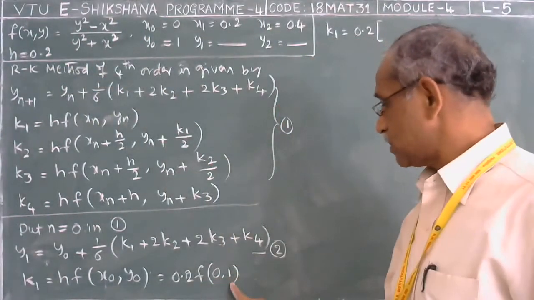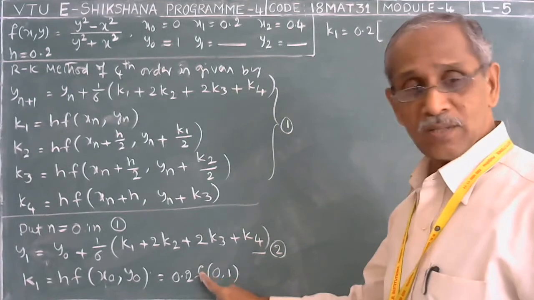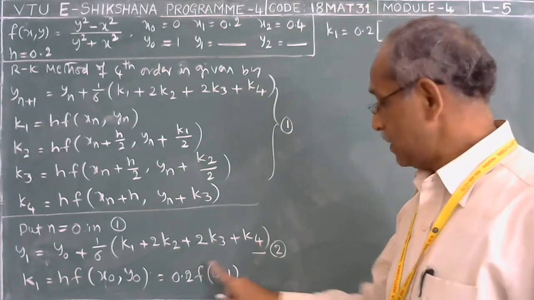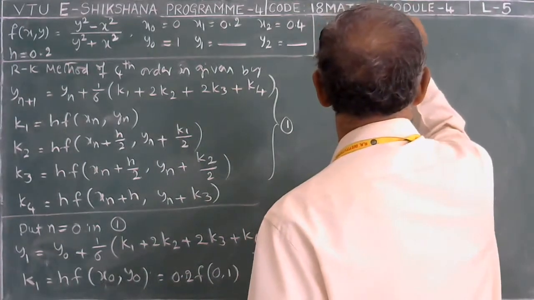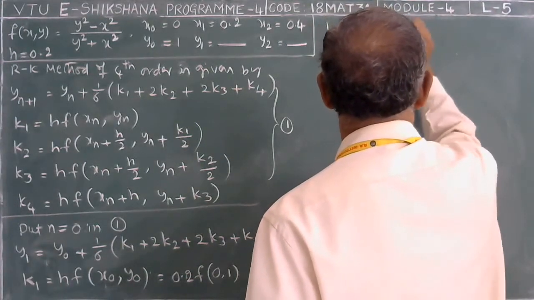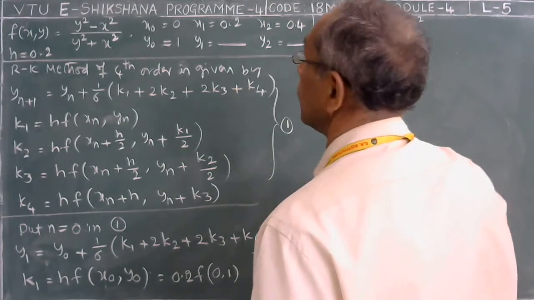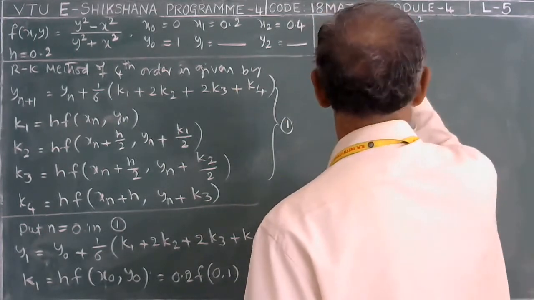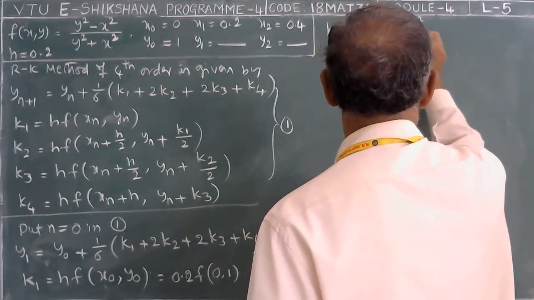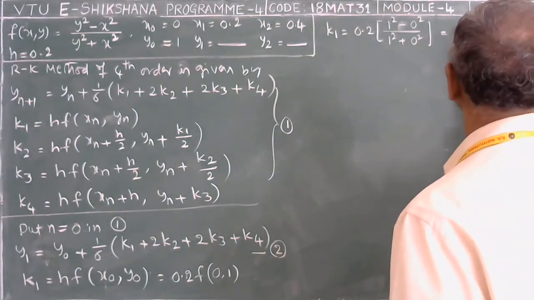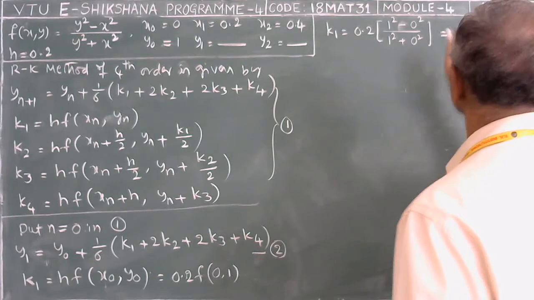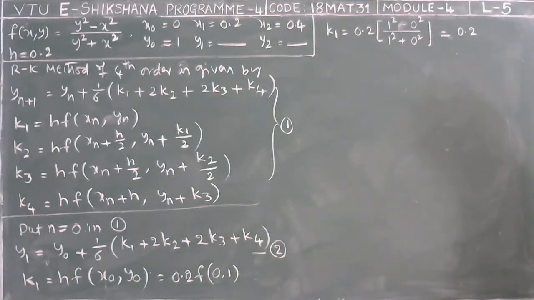So this is 1 square minus 0 square divided by 1 square plus 0 square, since y is 1 now. So this is 0.2. You can easily make out k1 is 0.2.